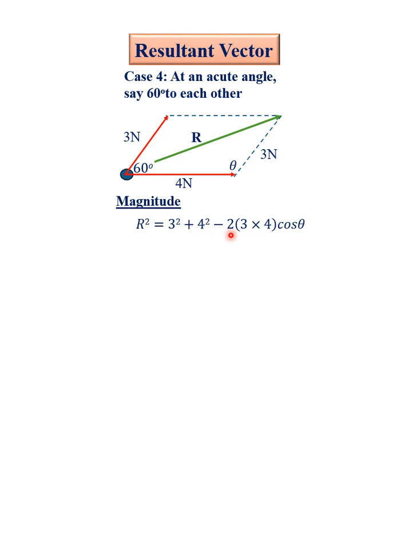Minus 2 is part of the formula, then you input the two forces, 3 and 4, multiply them together. So we have 3 square plus 4 square minus 2 times 3 times 4. And finally, the cosine rule ends with cos theta, where this theta must be the included angle between the two sides of the triangle we are considering.